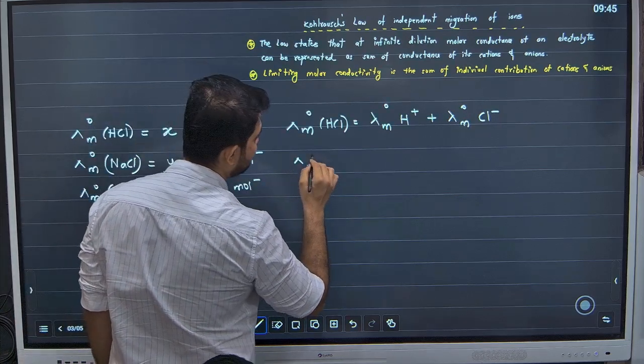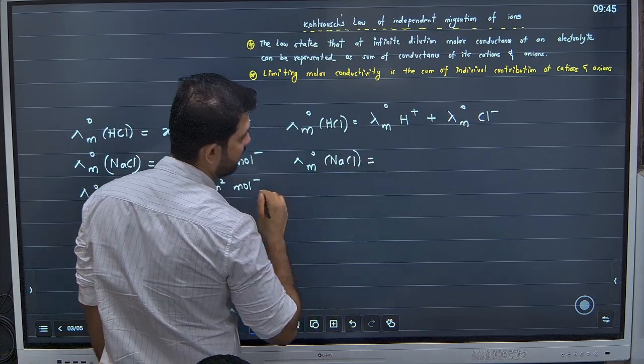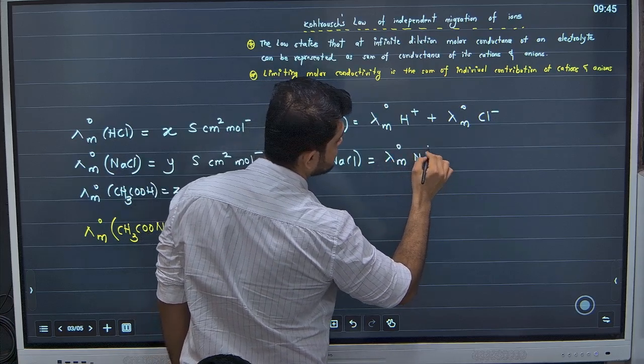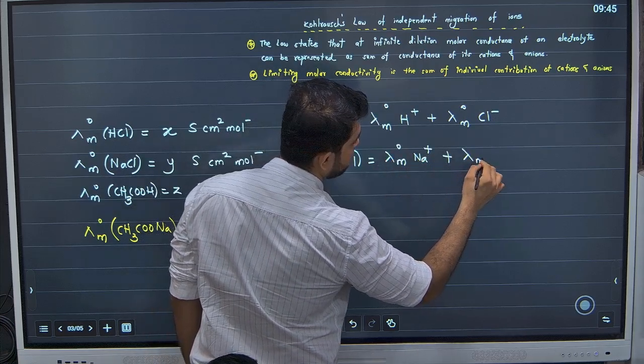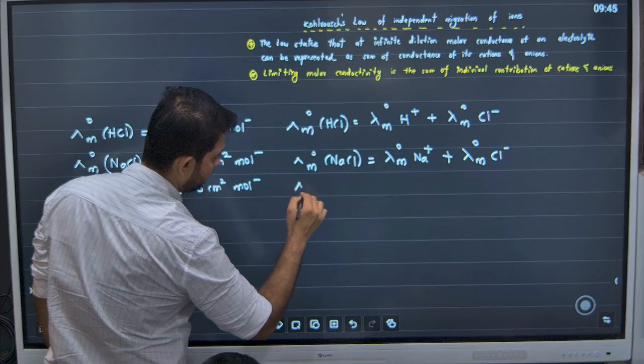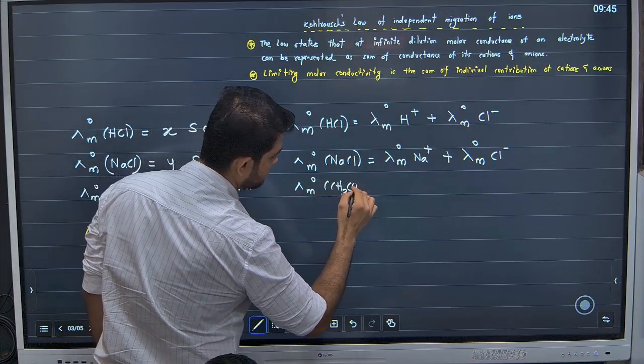Lambda m naught of NaCl, how will you write that? Lambda m naught Na plus lambda m naught Cl minus. How can I write lambda m naught for ethanoic acid or acetic acid?